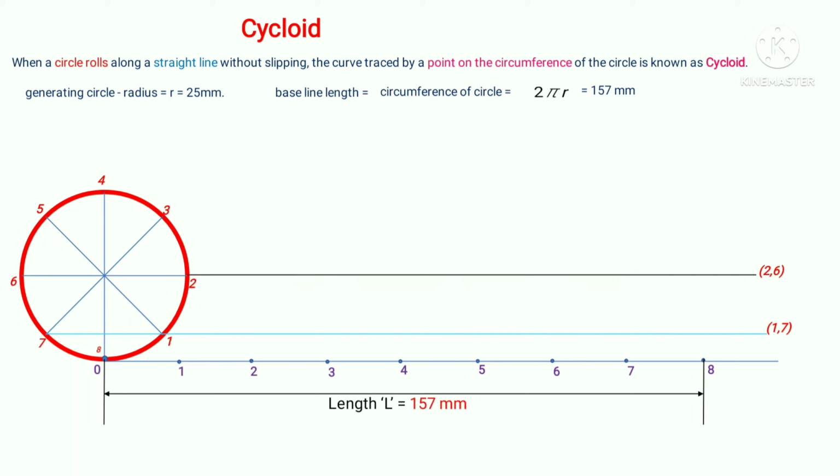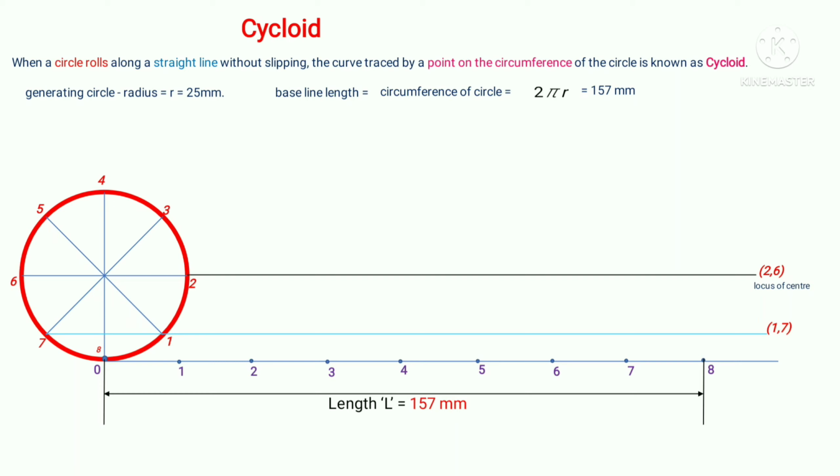This particular line is also the locus of the center point of the circle, and hence this line is denoted here in black color, and we also write locus of the center, because as the circle moves, the center of the circle moves along this line, and hence this line is the locus of circle points 2, 6 as well as the locus of the center.